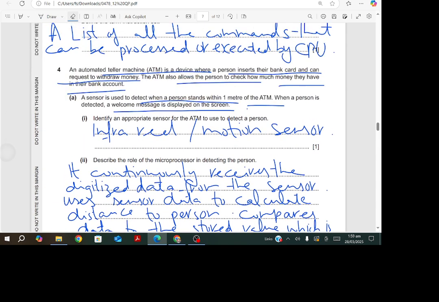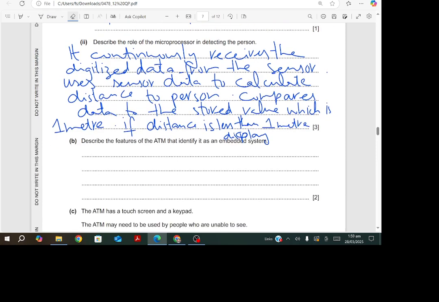Let me check. When a person is detected, a welcome message is displayed on the screen. Yes, display welcome message.